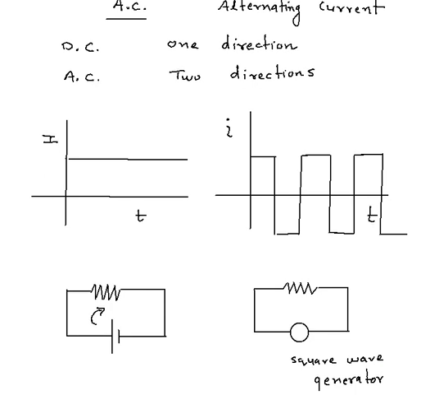Square wave means the voltage will vary from say +5, -5, +5, -5 volt like this. It will remain +5 for some time, -5 for some time, and so on.